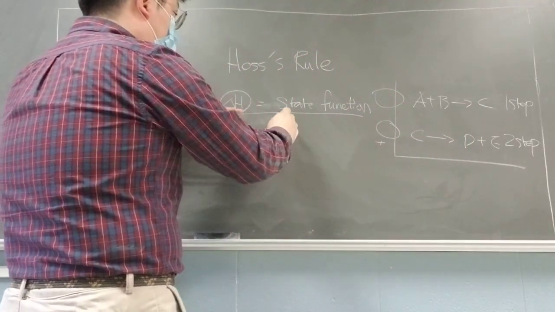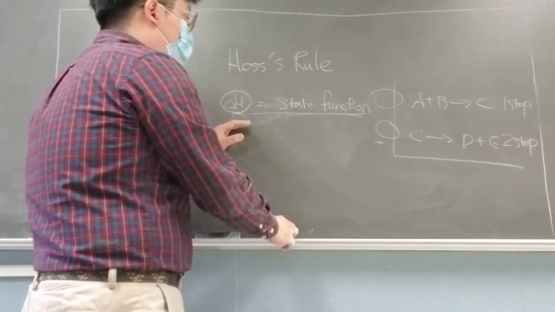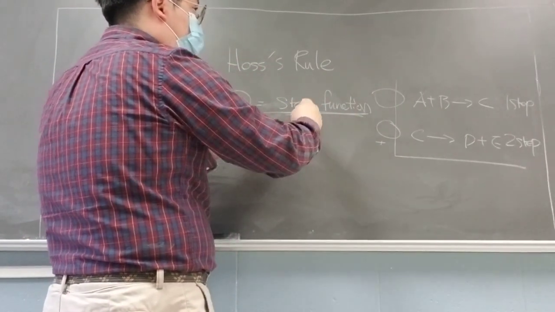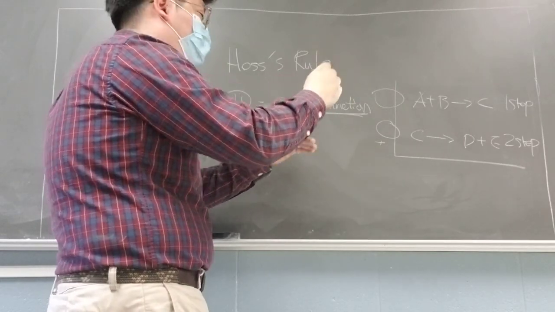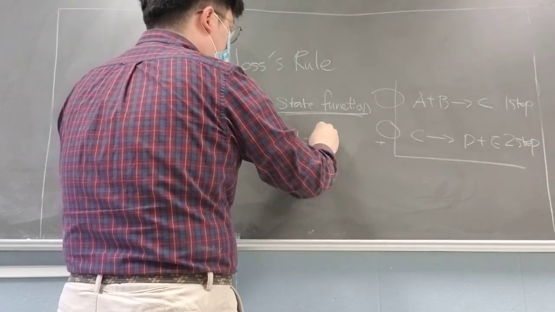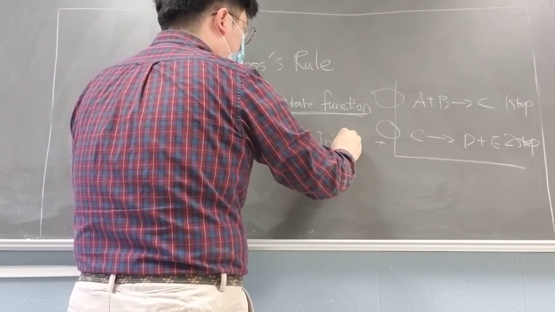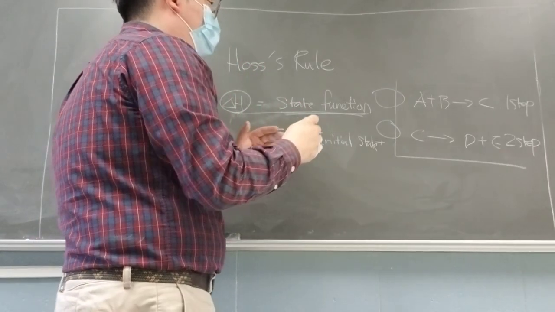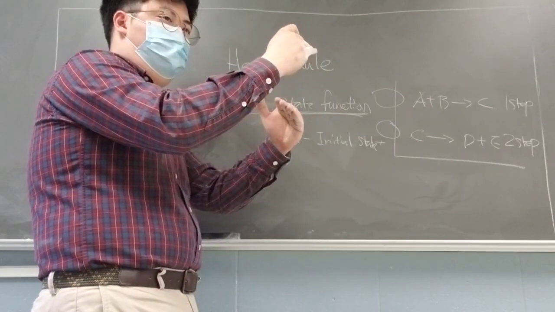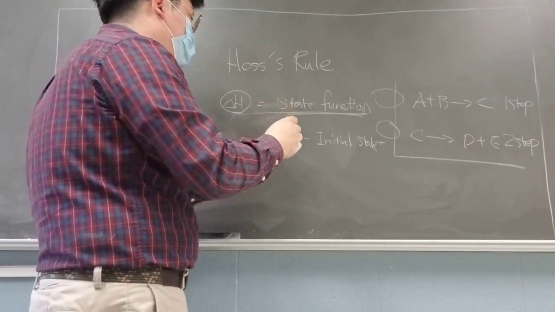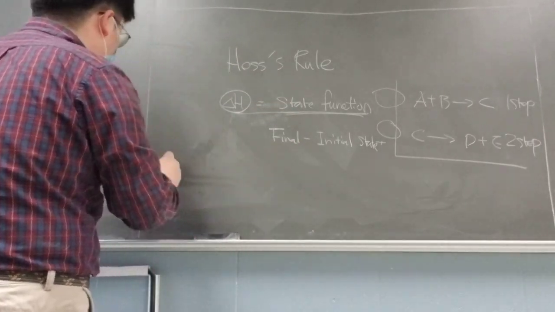Because it's a state function, it will be determined by only the final and initial states. The gap between the final and initial state determines the state function, so it never changes how it gets there.